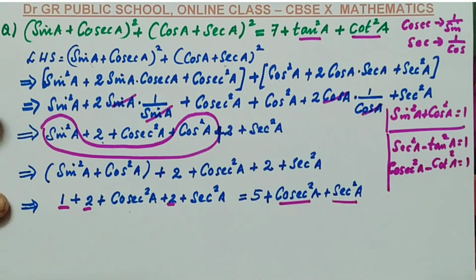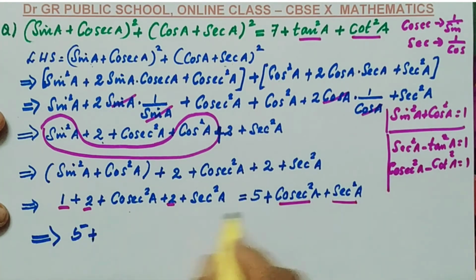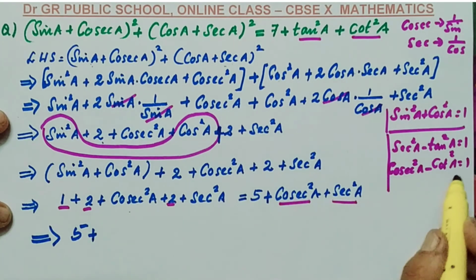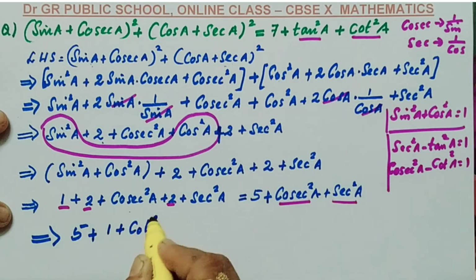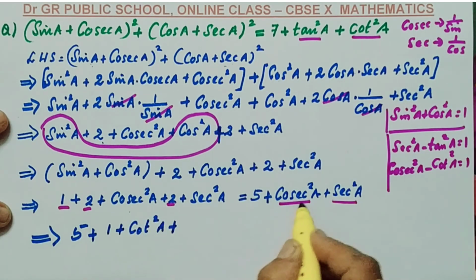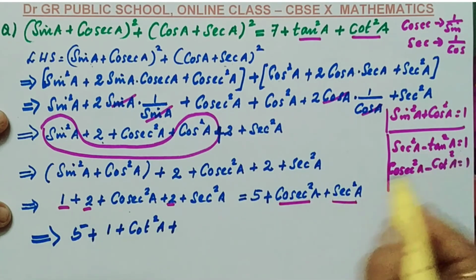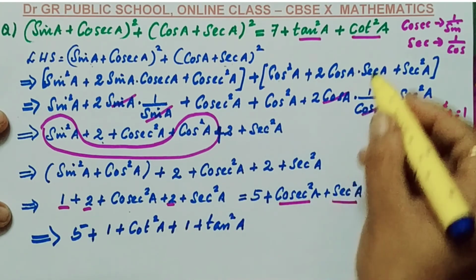I am going to apply that, which implies 5 plus cosec square A needs to be converted. Cosec square A can be written as 1 plus cot square A, plus sec square A can be written as 1 plus tan square A. After reaching this step, you need to look at the RHS.